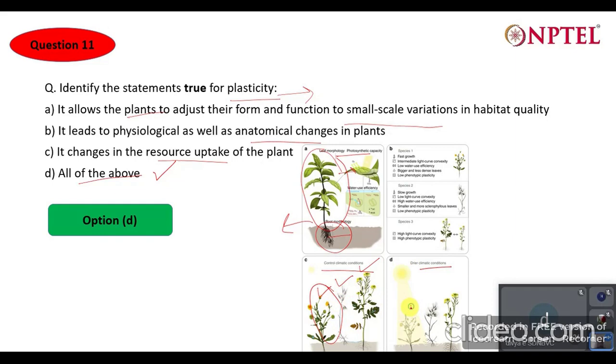And the other two plants that maybe have slow growth, or have more light utilization or light adaptability, can survive well in those conditions that have more sunlight and less water. So here comes the concept of plasticity. Now we go on to question number 12.